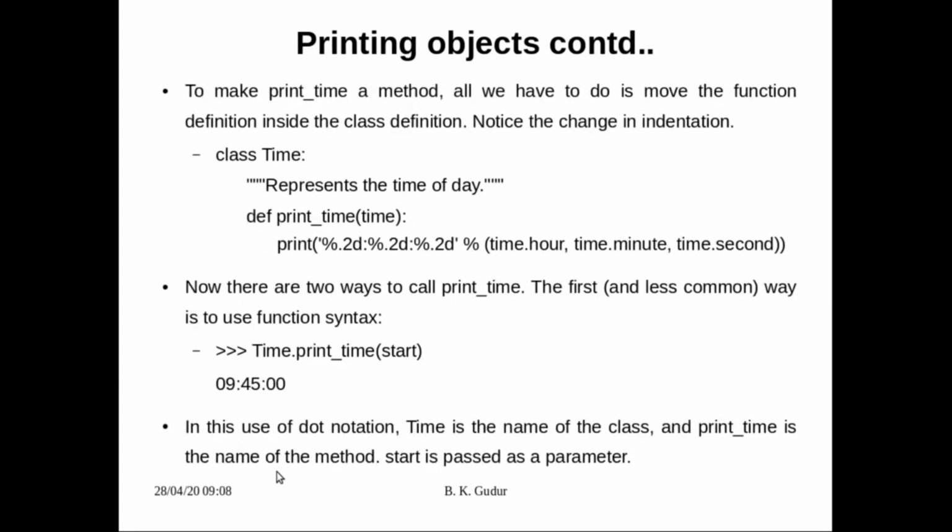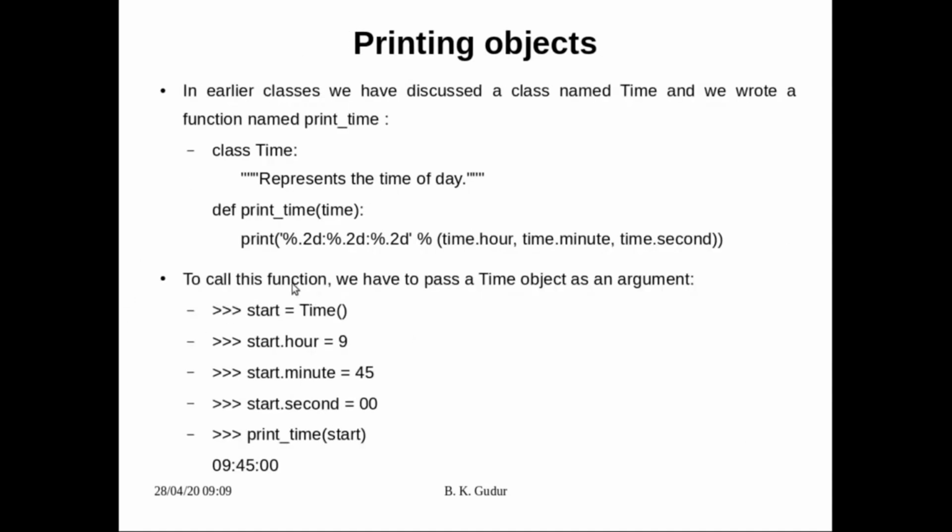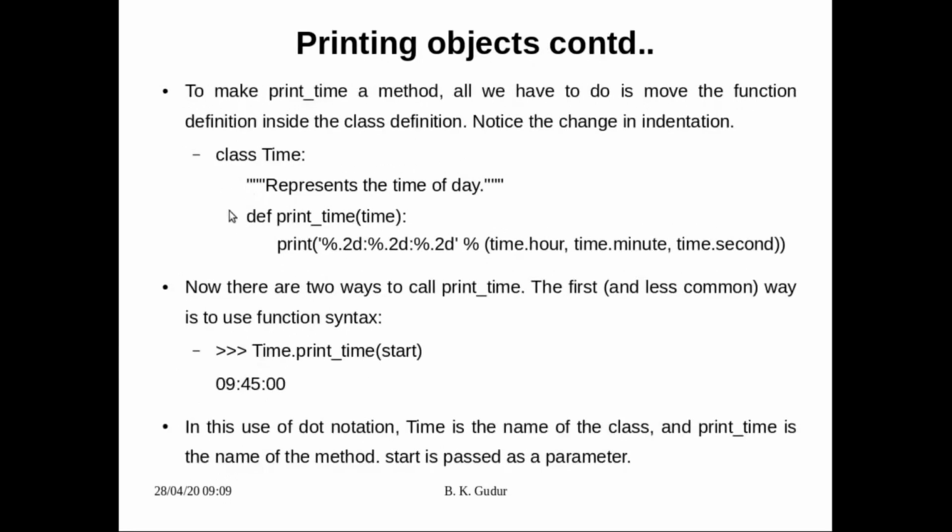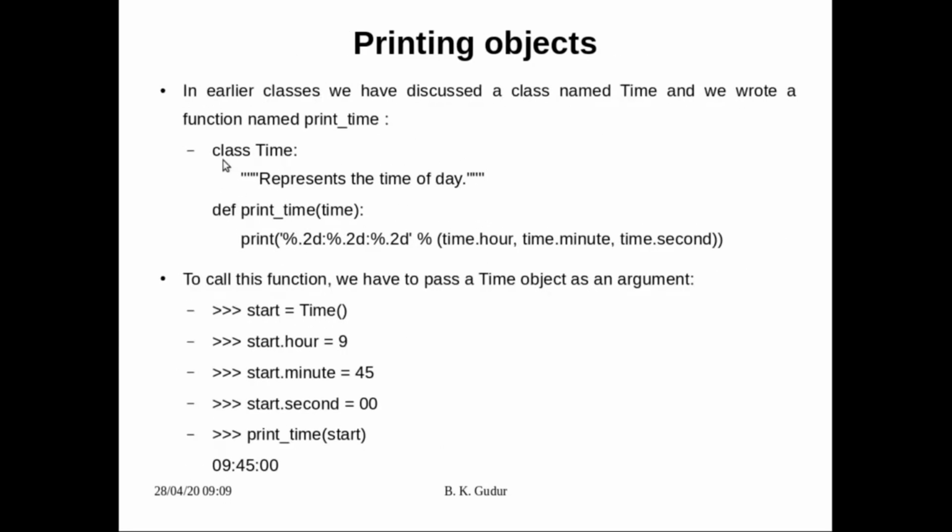Now to make print_time a method, all we have to do is move the function definition inside the class definition. Very simple thing. If I want to make this particular function a method of this class, just move it inside. Try to notice the difference.